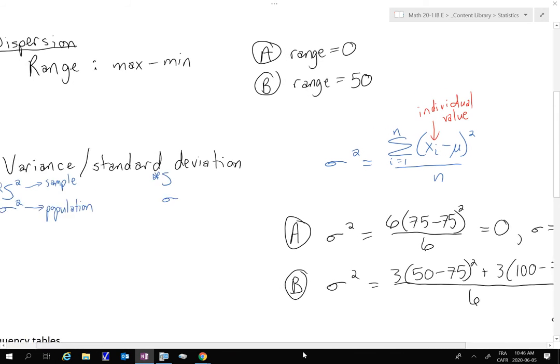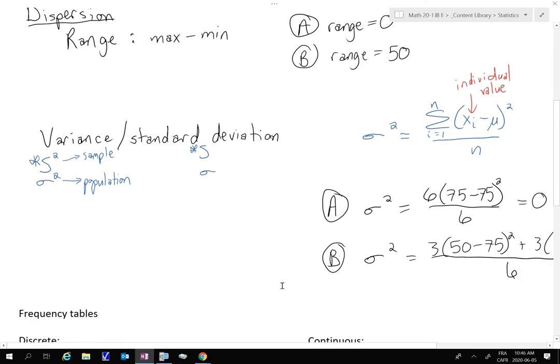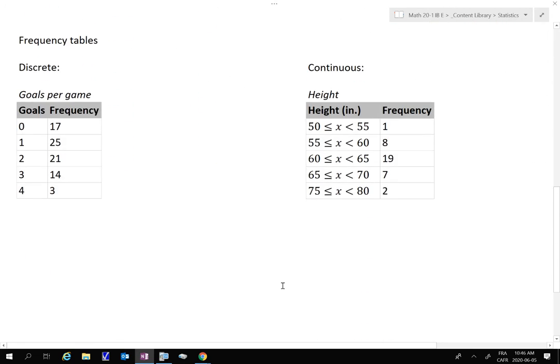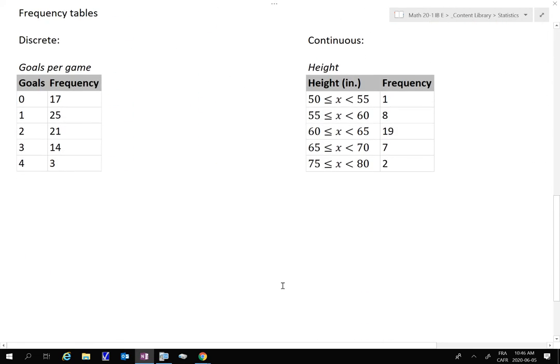But first, I want to look at how we often group our data. So in this case, because I only had 6 numbers, it was easy to just deal with them as they are. But in cases where I have a wider range of numbers, I usually group that into a frequency table. So I've got 2 different types of frequency tables here, a discrete frequency table and a continuous frequency table. So let's look at the discrete one first.